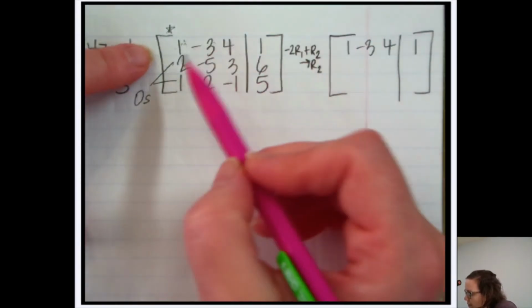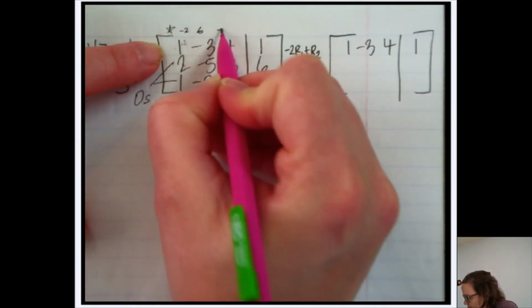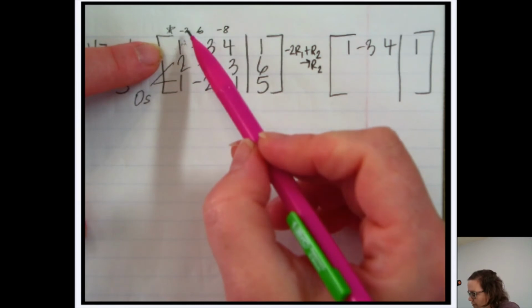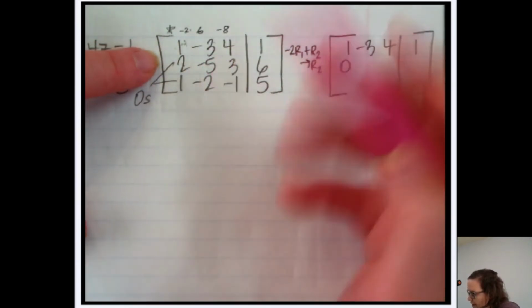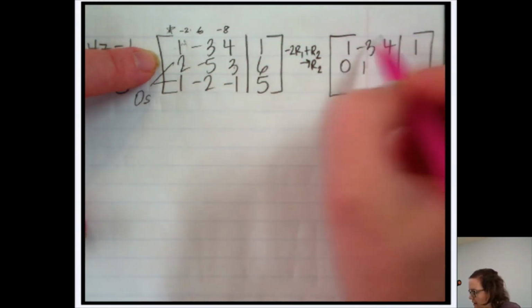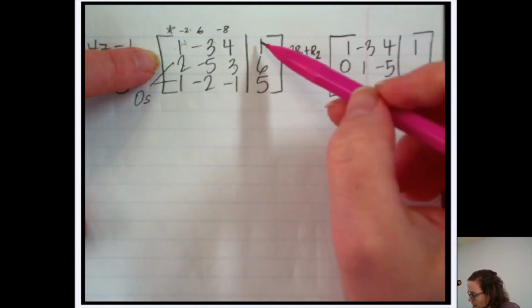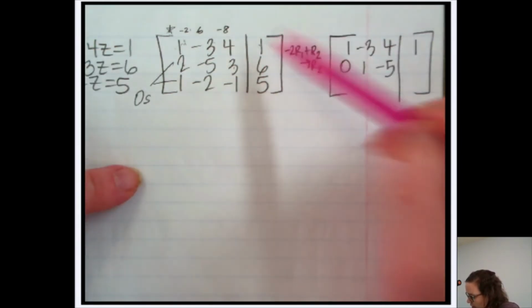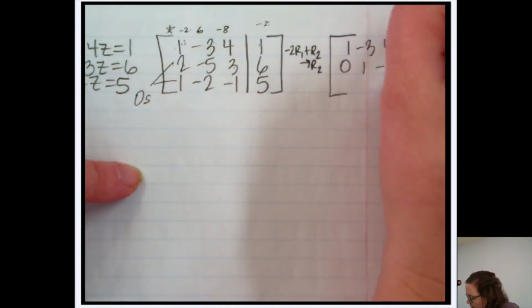So if I multiply row 1 by negative 2, and then I add them together, negative 2 and 2 make 0. That's what we wanted. 6 and negative 5 make 1. Negative 8 and 3 make negative 5. Okay. And then 1 and, whoops, I forgot to multiply that one. Negative 2 and 6 make 4.